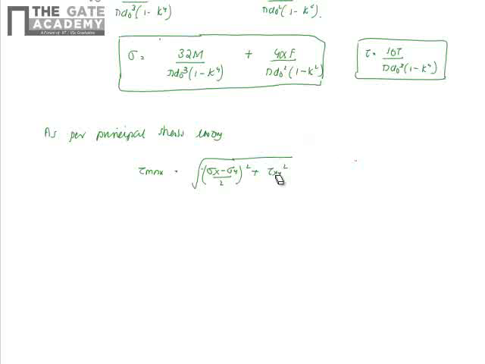In our case, sigma x is equal to sigma, which is given above, sigma y is not there, and tau xy is also given as tau. So we have this maximum shear stress as square root of (sigma x by 2) whole square plus tau xy square.